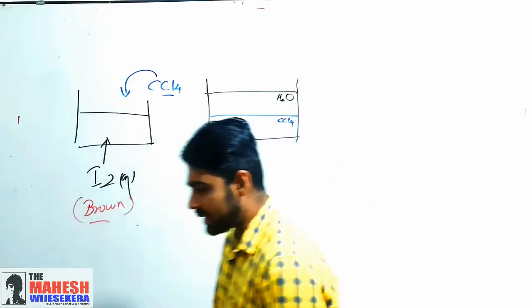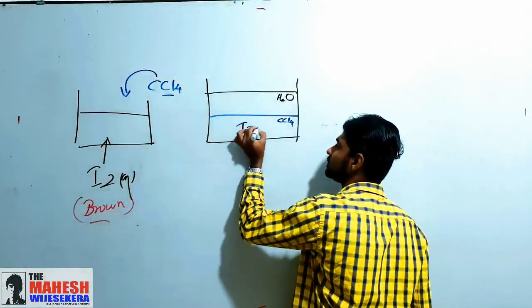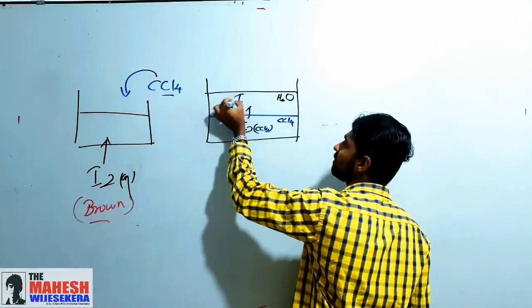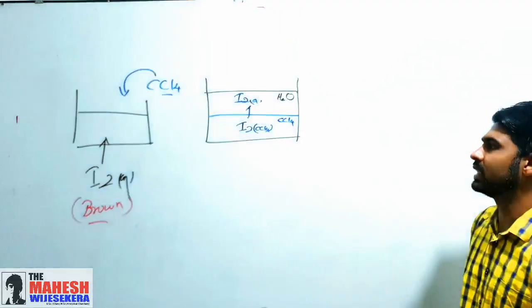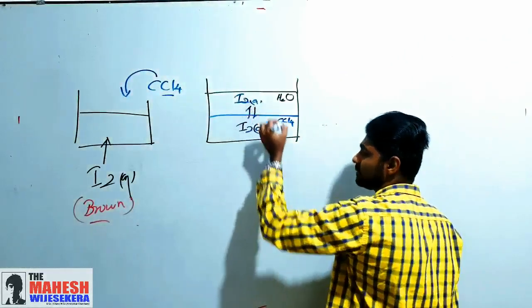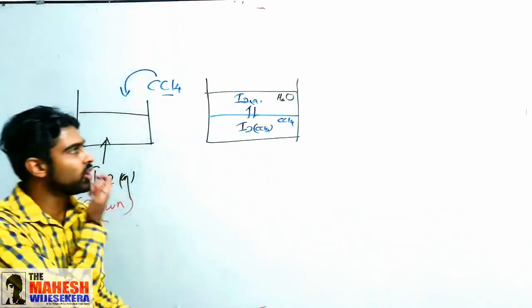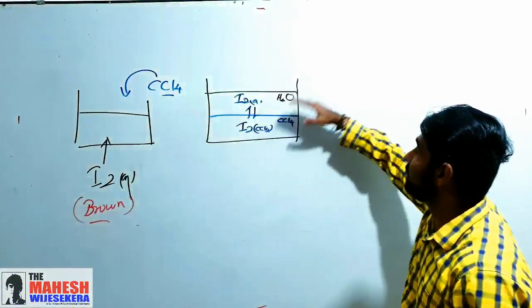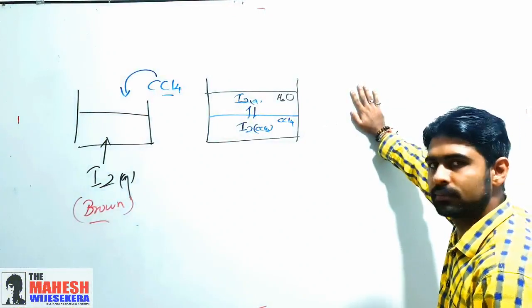And in this, what happens? Iodine in the aqueous layer will move into the CCl4 layer. Now this iodine is dissolved in both CCl4 and water.